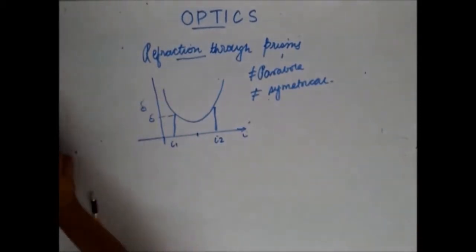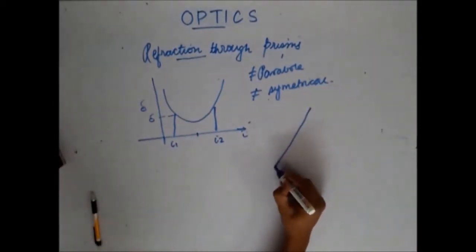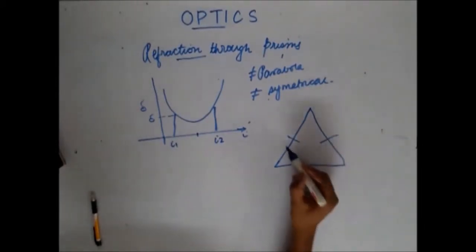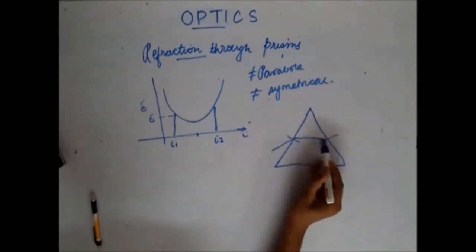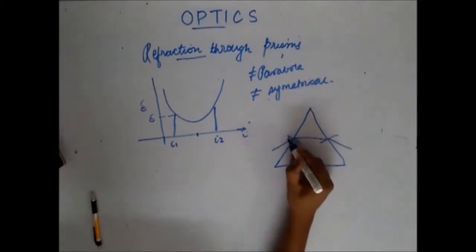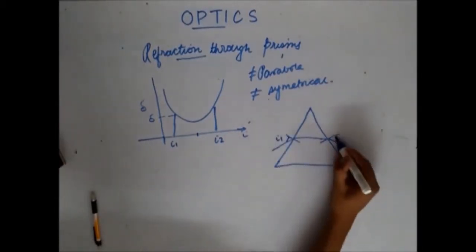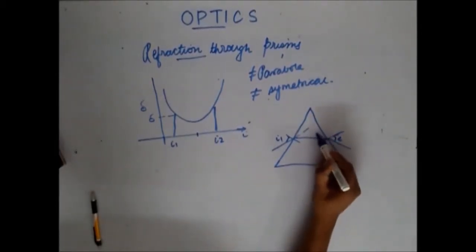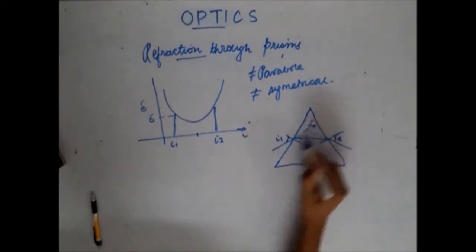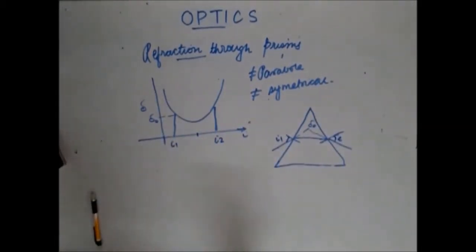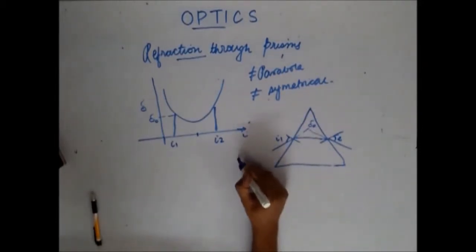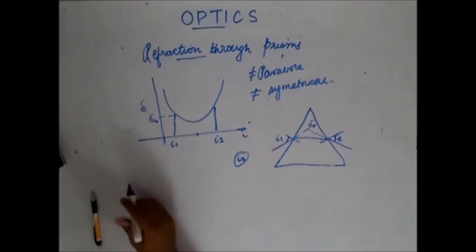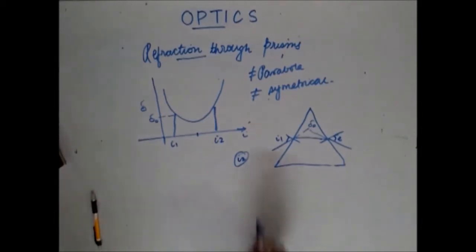Now my question is, given a prism, this is my prism, this is my angle I1, this angle is the angle of emergence, and this is some delta naught. If I give you I1, can you find I2 without using the equation which I had discussed a few minutes before?